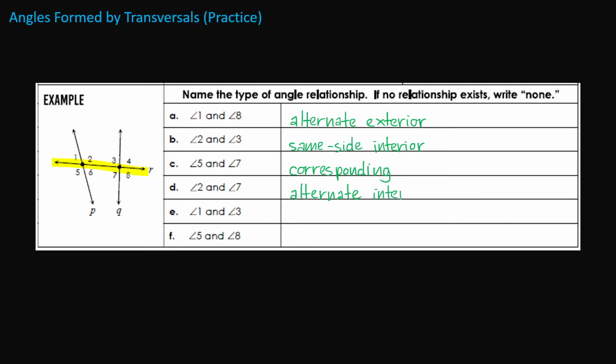These are alternate interior angles. Now angles 1 and 3. One of them is outside the lines, one of them is inside. But they are in the same position. They're in the top left quadrant of those angles formed. So those would also be corresponding angles.